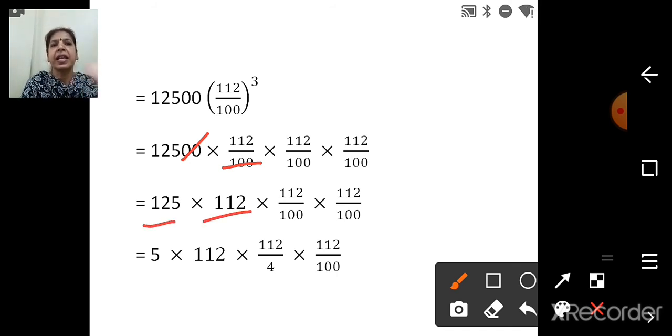Then here we are getting 112, and then as usual 112 upon 100 into 112 upon 100. Right? Now we will divide it. 125 is a multiple of 5 and 100 is also a multiple of 5. And since these numbers are also divisible by 25, we can directly go for that.